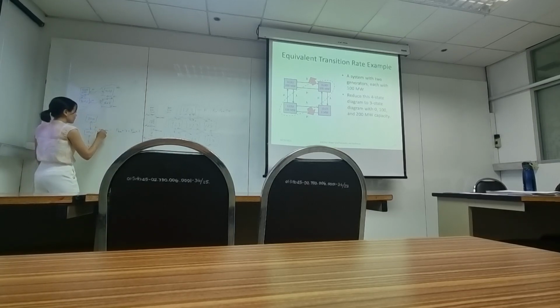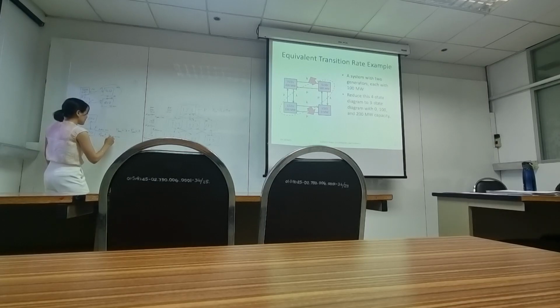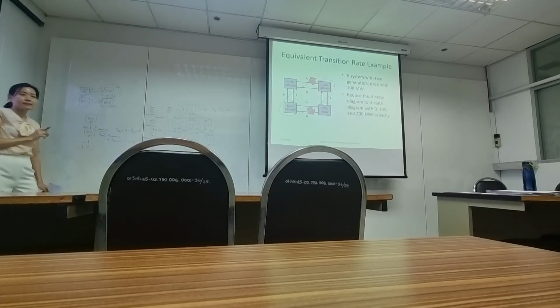But we know that the frequency here will be equal to probability of 200 multiplied by lambda of 200 to 100. So this means that lambda 200 to 100 will be equal to lambda plus lambda. So this is 2 lambda.